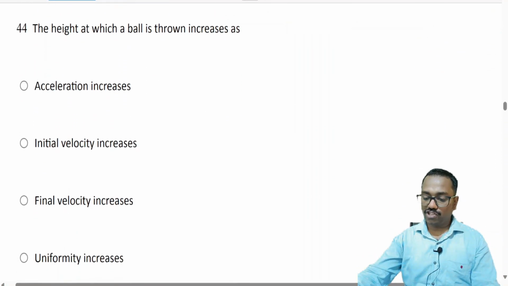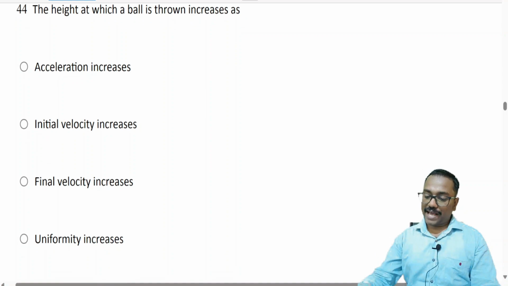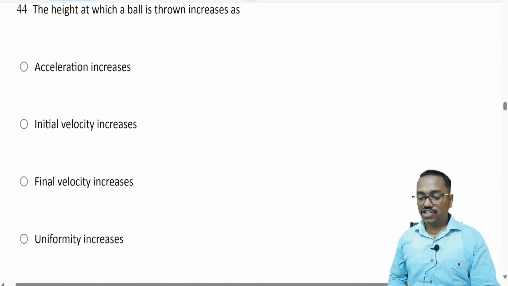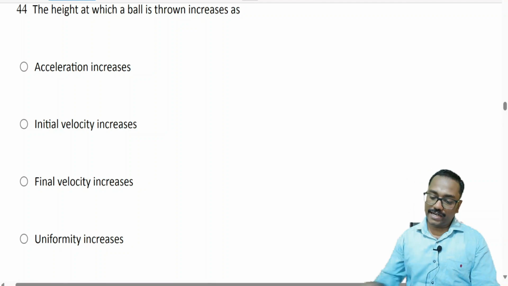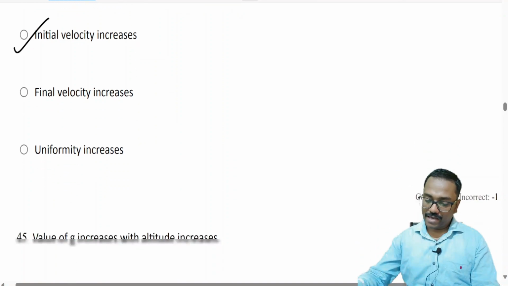Next, 44th question. The height at which a ball is thrown increases. First option, acceleration increases, initial velocity increases, final velocity increases, uniformity increases. So we already know that if the initial velocity increases, then only the height reaches the highest point.